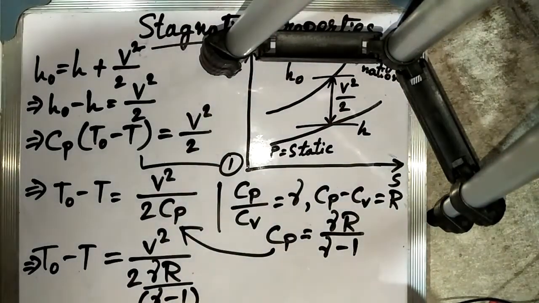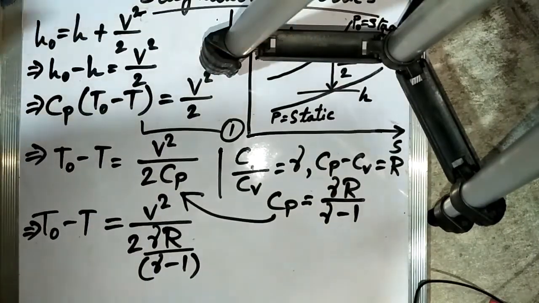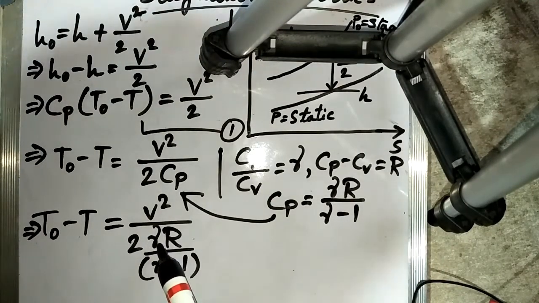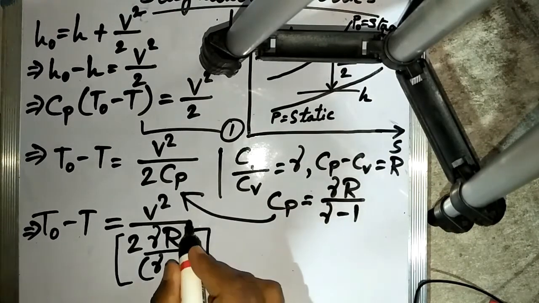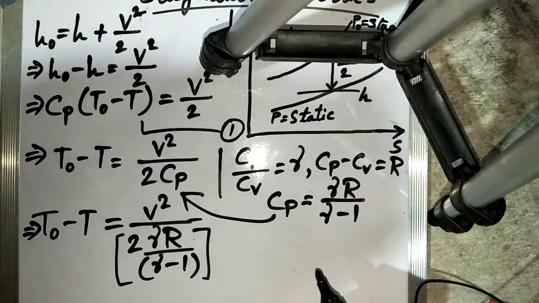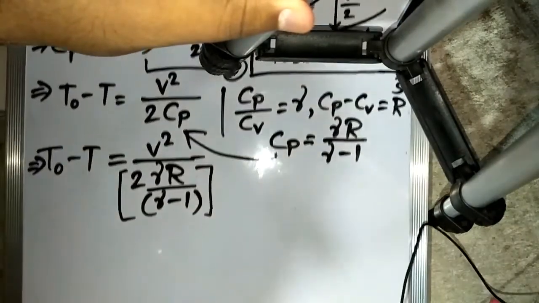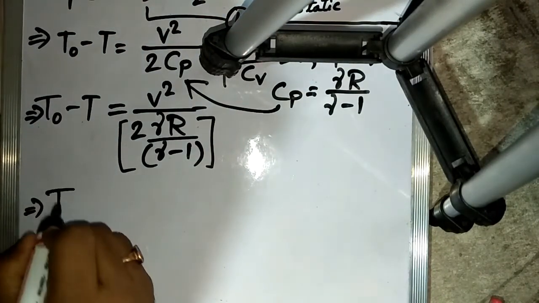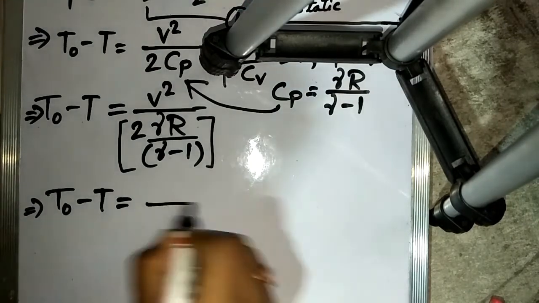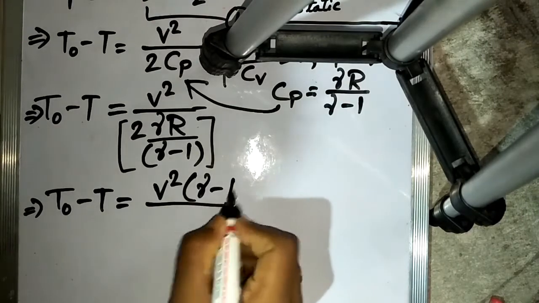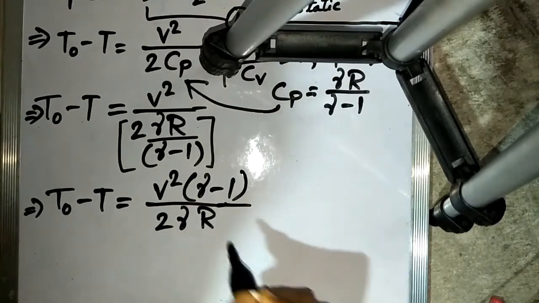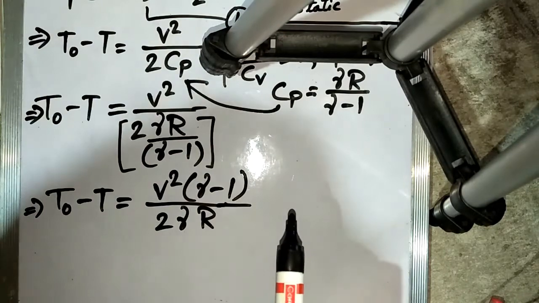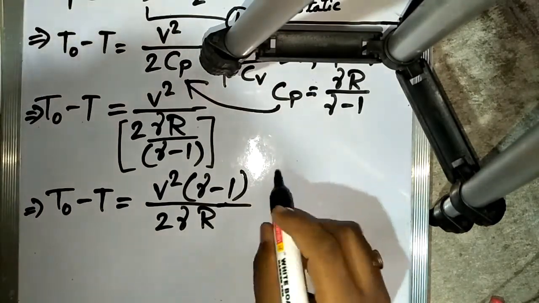We can write T0 minus T equals V square by 2 into gamma R by gamma minus 1, or T0 minus T equals V square into gamma minus 1 by 2 into gamma into R. Suppose this is equation number 2.